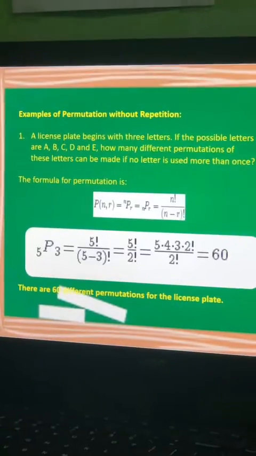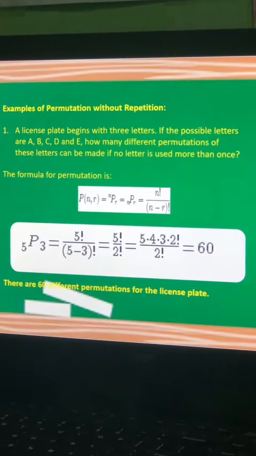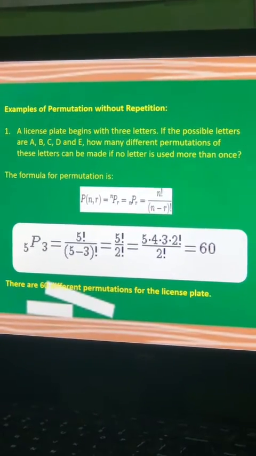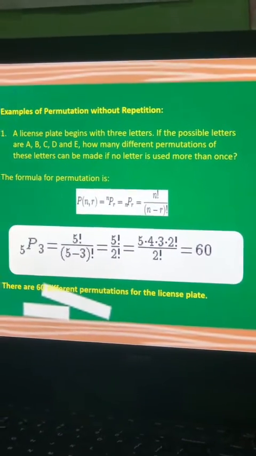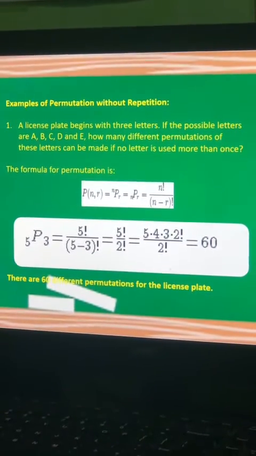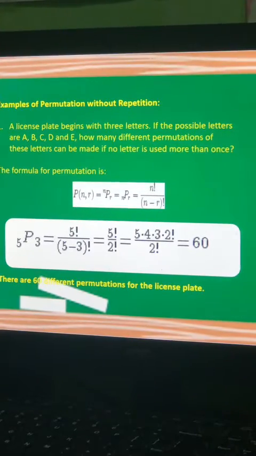Our next example is permutation without repetition. A license plate begins with 3 letters. If the possible letters are A, B, C, D, and E, how many different permutations of these letters can be made if no letter is used more than once?